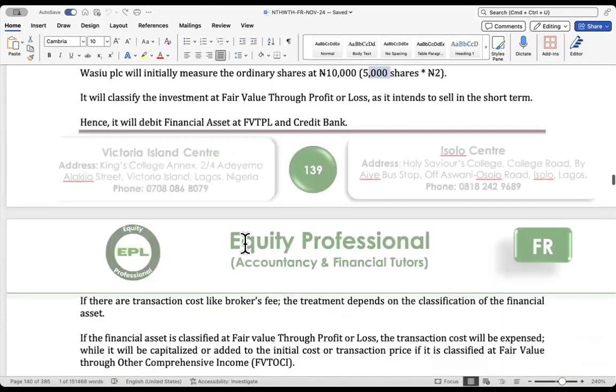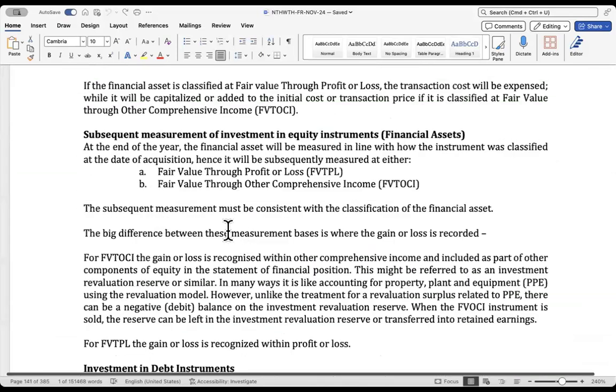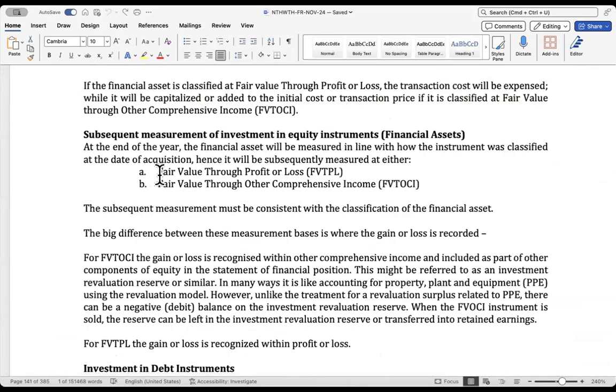So at the end of the year now, that gain I've just shown you, if you are measuring it at fair value through P&L, that gain of 5,000, like I've just shown you up here, we are going to recognize it to P&L. We are going to recognize it to the profit or loss account.